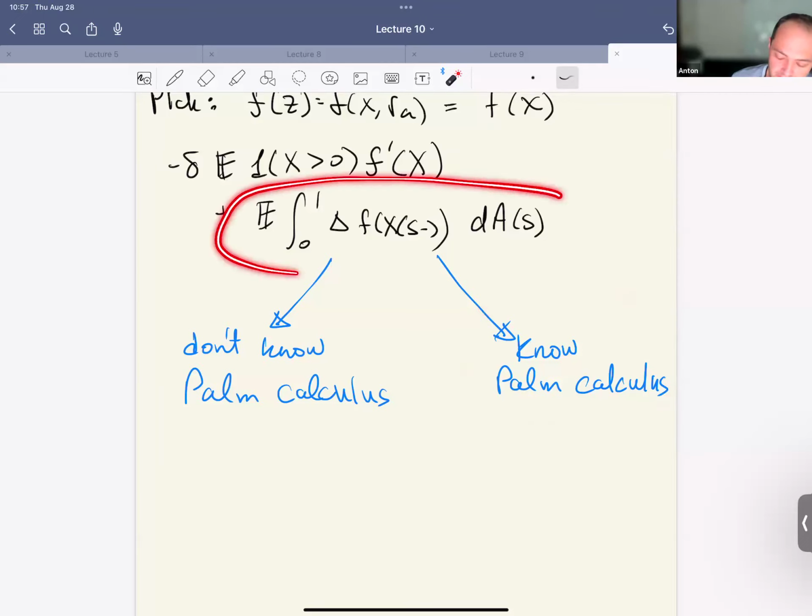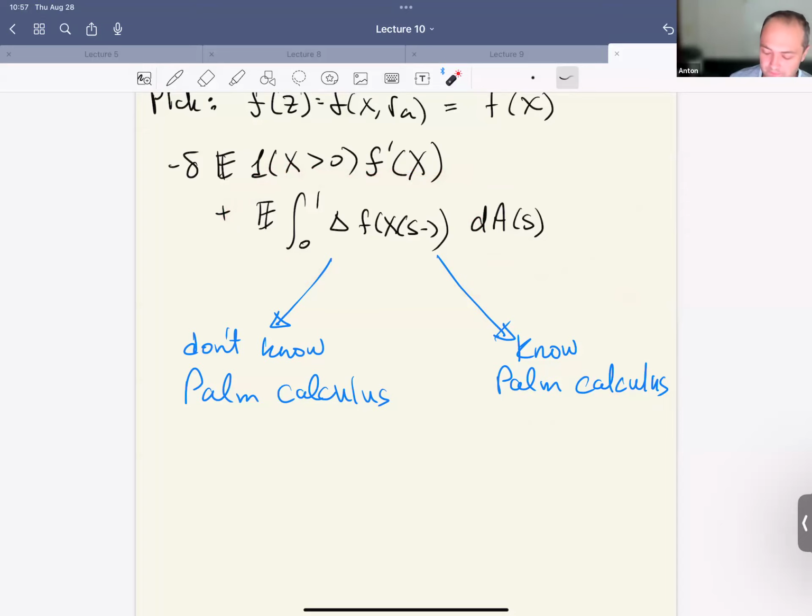But then you take a look at this and you say, oh, A is a point process, a renewal process, and this is just the expectation at the renewal time. So this is like an event average expectation. This is just a Palm expectation.